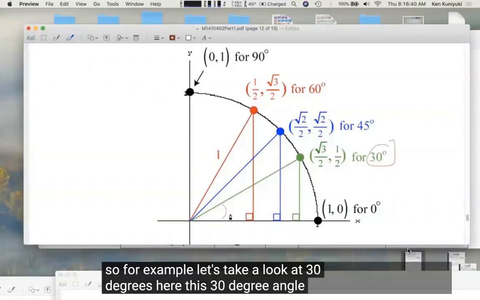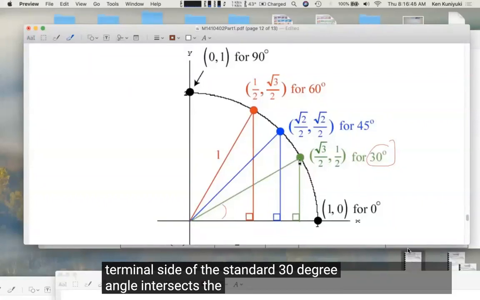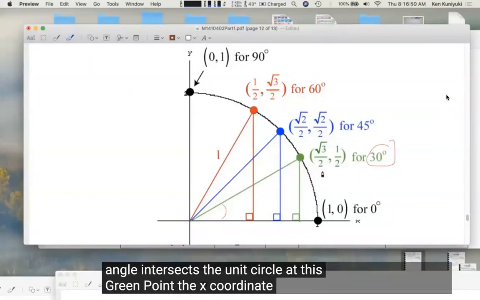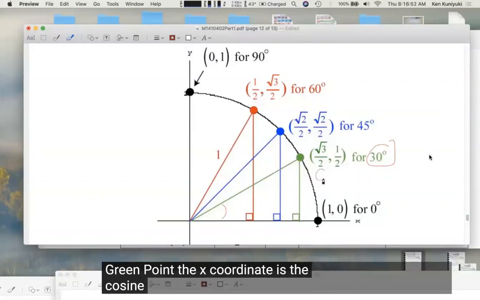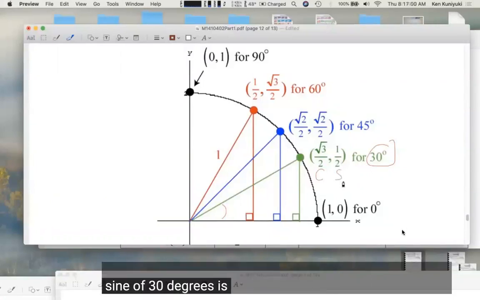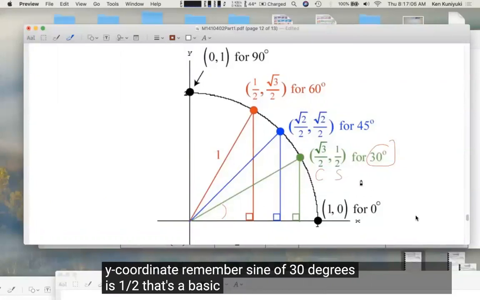The terminal side of the standard 30-degree angle intersects the unit circle at this green point. The x-coordinate is the cosine of 30 degrees, √3/2. The sine is the y-coordinate. The sine of 30 degrees is 1/2. Remember, sine of 30 degrees is 1/2. That's a basic fact you should remember.